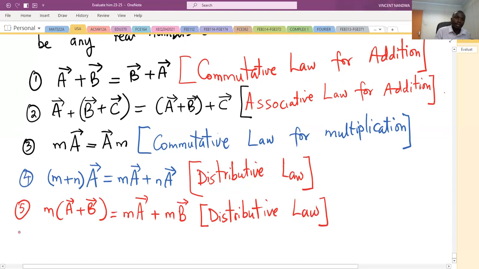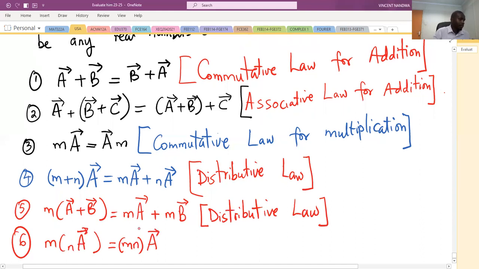And number 6, if I have m times n times a, it's the same thing as saying (mn) and then times a.